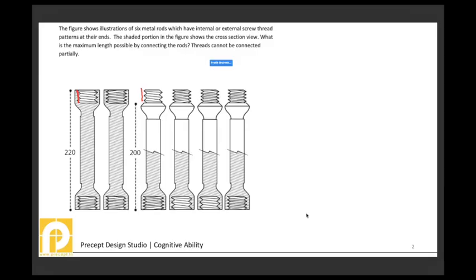We start with the internal screw thread first, only the internal screw thread, which is of 220. And then comes the other one. So this is 1, 2, 3, 4, 5, and 6.